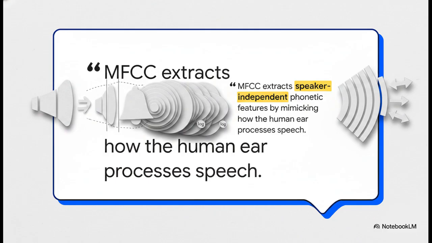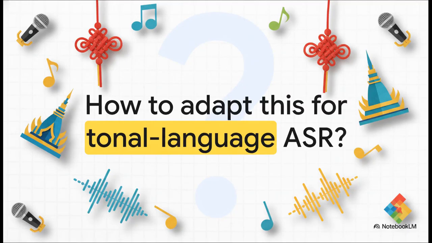We sample at 16 kHz, chop into 25 millisecond overlapping frames, apply a Hamming window, a smooth cosine bell to suppress leakage, take the FFT, pass through about 40 Mel filters dense at low frequencies, take the log to compress dynamic range, apply the DCT, and keep the first 13 coefficients to isolate the smooth vocal tract envelope while discarding the rapid pitch ripple. We append deltas for dynamics. Result, a 39-dimensional vector per frame. Practice that out loud. It is super dense, but you now know the logic behind every single word of it.